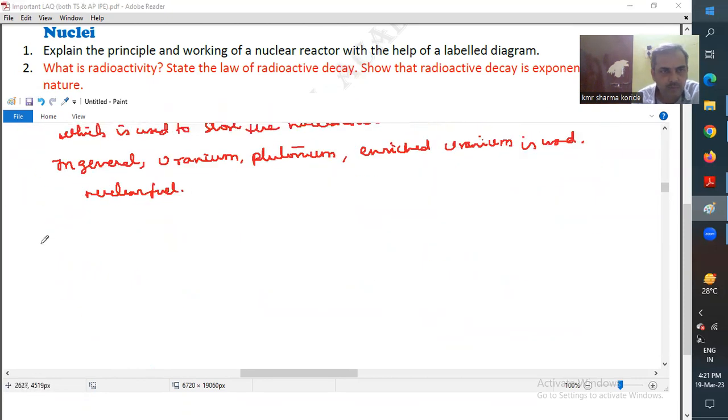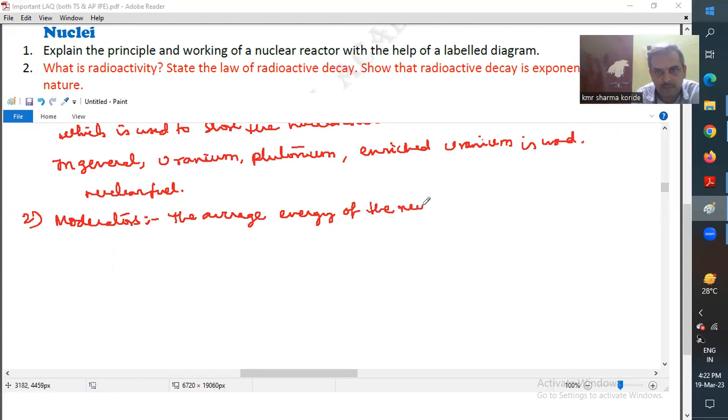Second part, moderators. The average energy of the neutrons produced in the chain reaction or in the nuclear reactor is 2 mega electron volts.